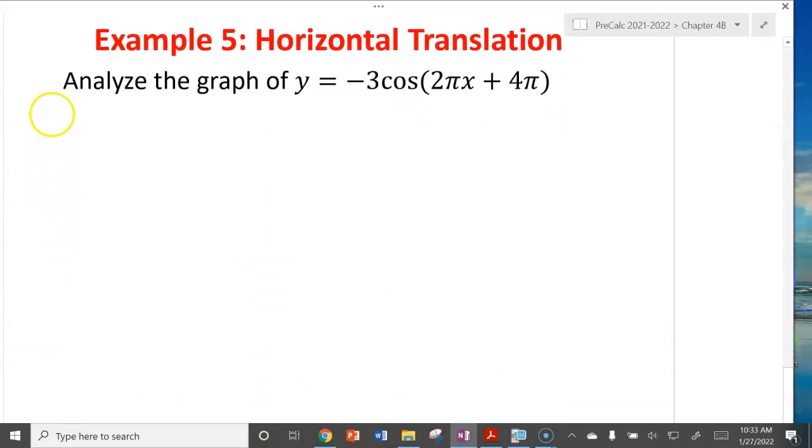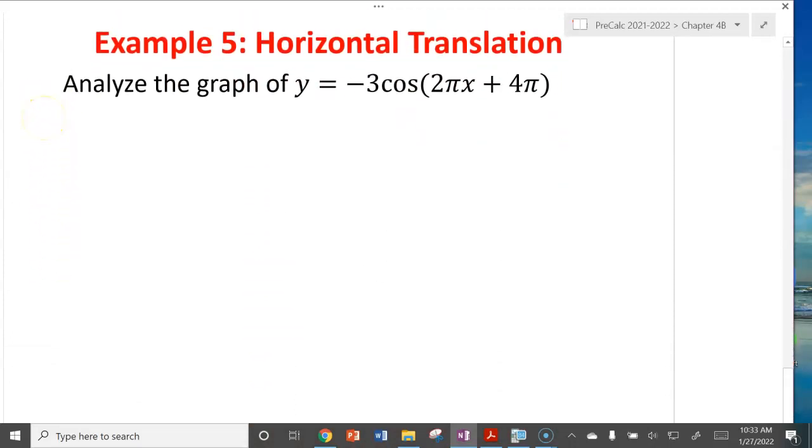All right, we're going to analyze the graph of y equals -3 cosine of 2 pi x plus 4 pi. We have another horizontal translation here. We also have a stretch and a flip. So y equals d plus a cosine of 2 pi x plus 4 pi.